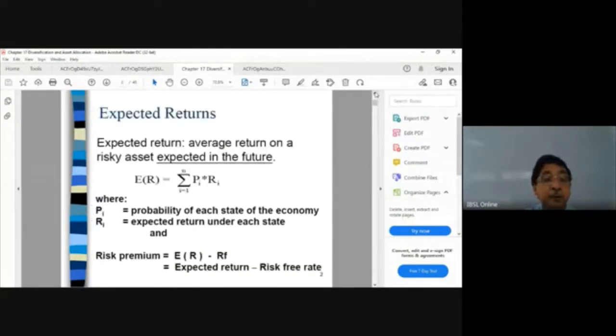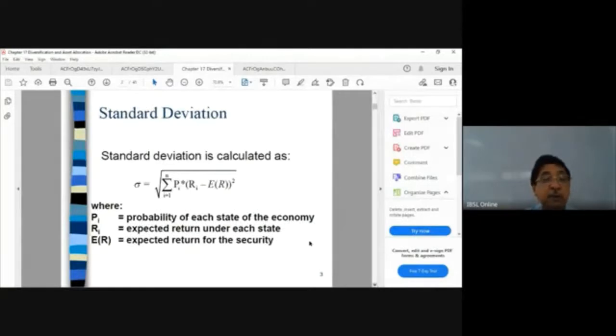Right. Then we just studied about the standard deviation, and we calculated it when the expected returns are taken into consideration. This is the way that standard deviation was calculated.